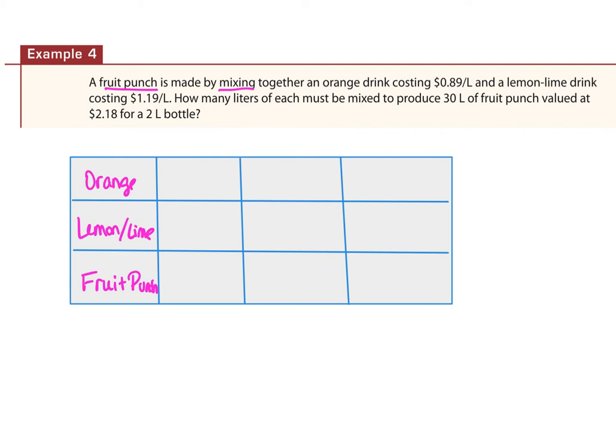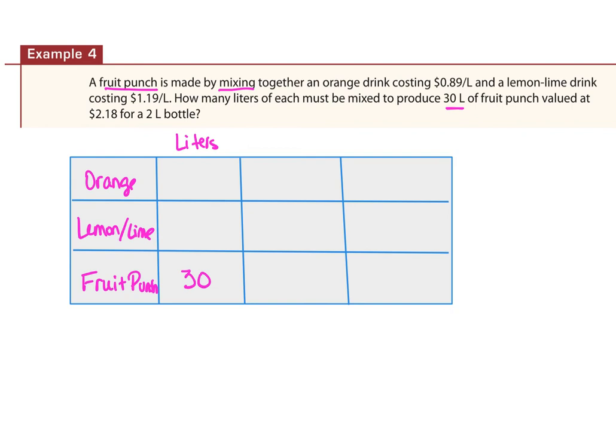In this case, we are doing liters. So for the final product, we want how many liters? 30, right? I'm looking for how many liters. I know how many liters I'm going to have finally. I'm going to have 30. That's what they told me. I want 30 liters.